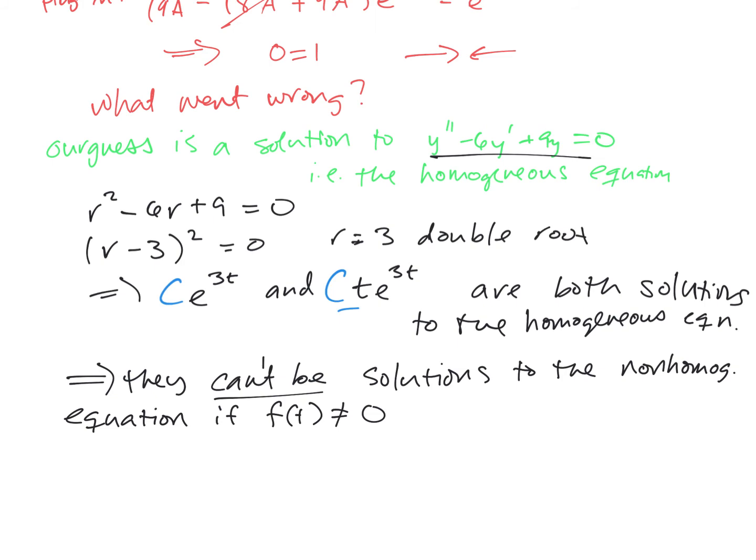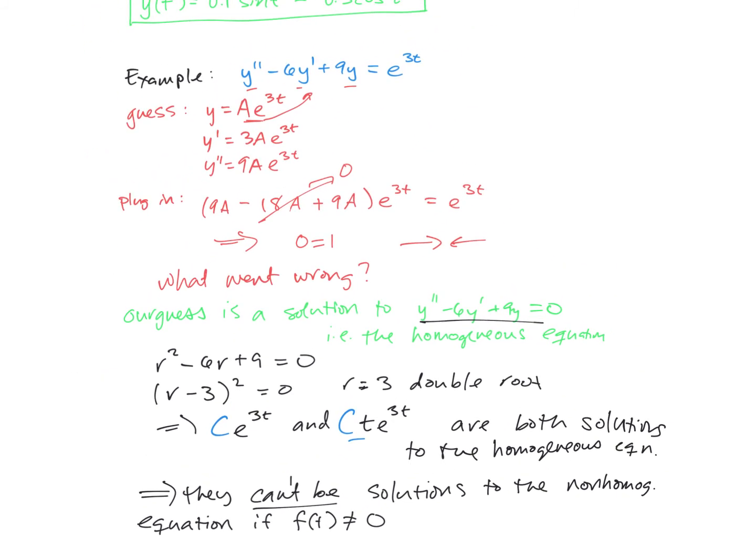So we need a new guess for this equation. Our e to the 3t didn't work. When we were doing our double root case before, we found one solution was e to the 3t, and then we needed another solution.